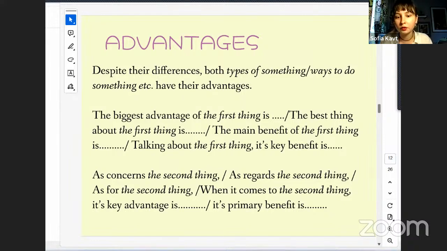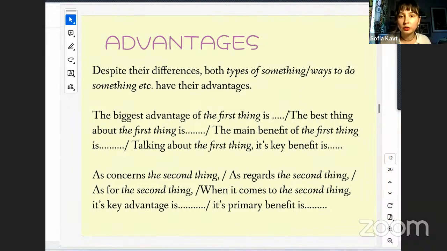Yes, so you can say the biggest advantage of the first thing is, or the best thing about the first one is. Alternatively, you can say the main benefit of the first thing is. And finally, talking about the first thing, its key benefit, or its main benefit, its primary benefit, and so on, is the following.